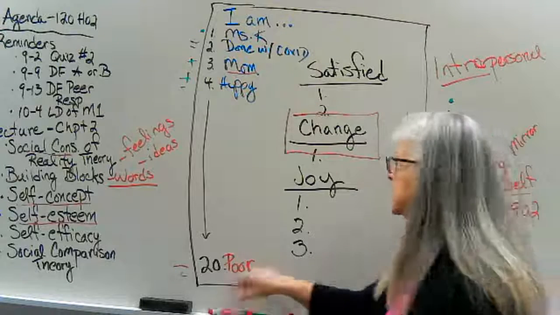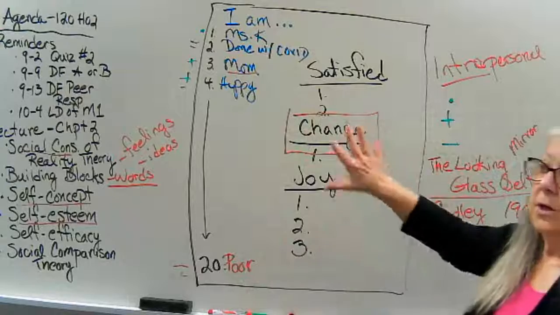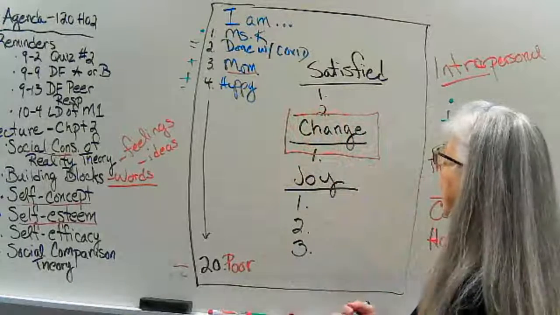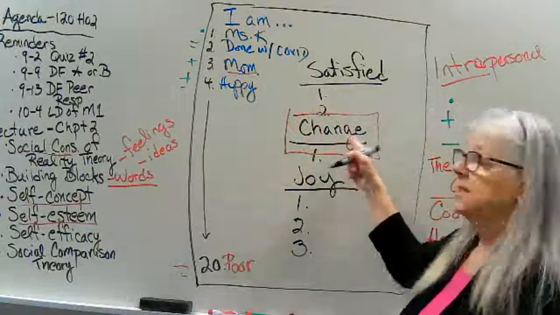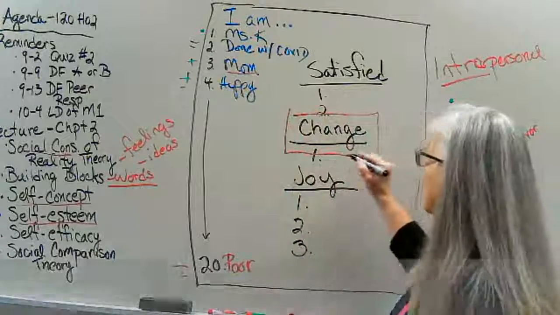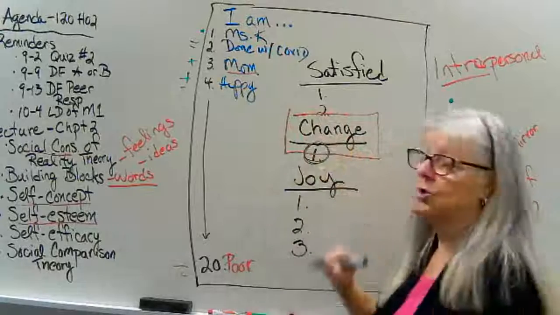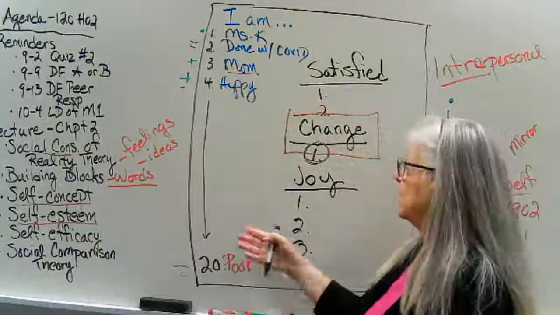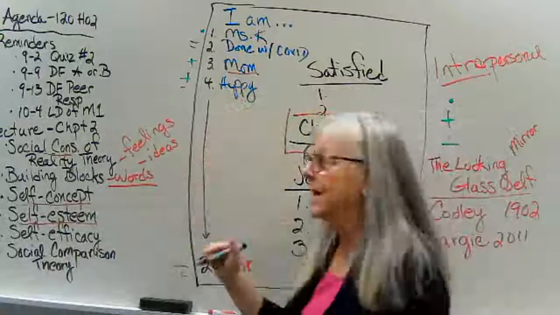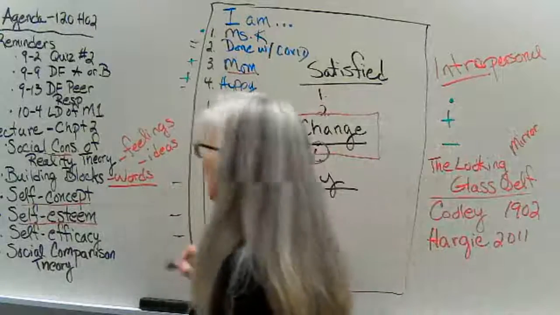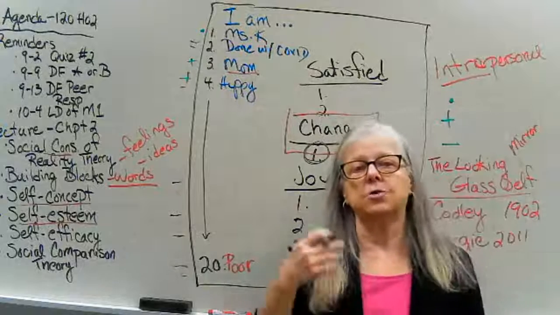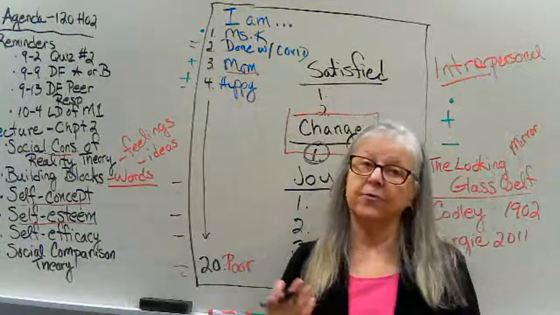If we stood back and looked at everything that was on here, and if you had a difficult time narrowing in on only one item to change, because you had a whole bunch of other items that were also negatives about you, then that's when a person is described as having low self-esteem.